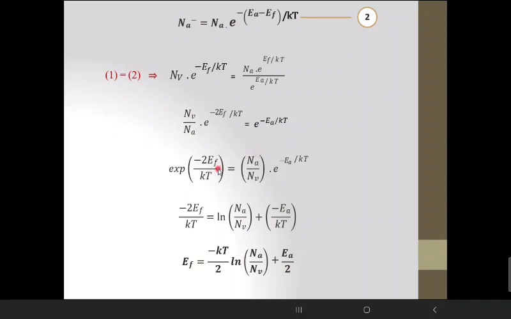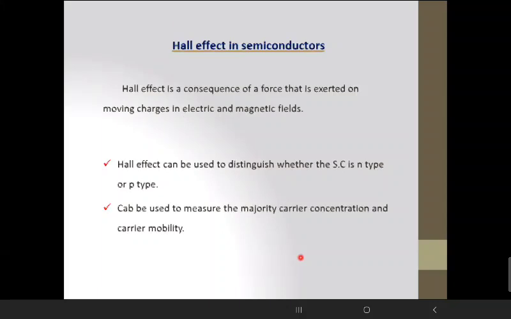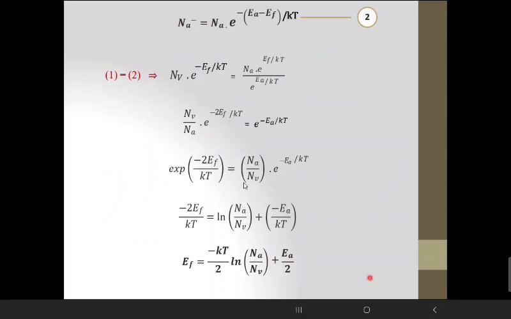Then when you eliminate the exponential, you will get ln Na over Nv plus minus EA over KT. So EF is equal to KT by 2 ln Na over Nv plus EA by 2.